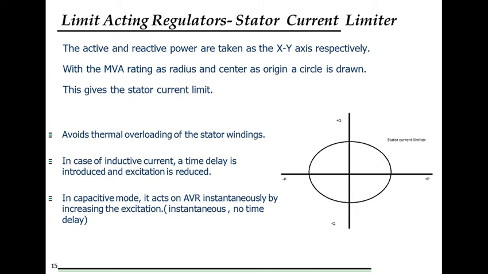Because at the point where the line intersects the circle, that is the stator current limiter, we drop a perpendicular to the P axis and Q axis, then we can get the active and reactive power. Taking tan phi as reactive power by active power, we get phi by tan inverse, and cos of this will be the power factor. So at that instant, at what power factor the generator is running, we can get it from this power factor line.